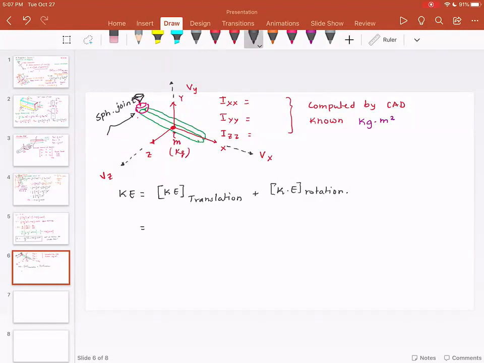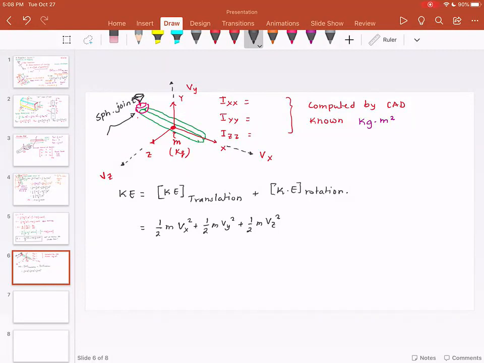Kinetic energy in translation is 1/2 m Vx square plus 1/2 m Vy square plus 1/2 m Vz square, where Vx, Vy, and Vz are the components of velocity in the x, y, and z directions.